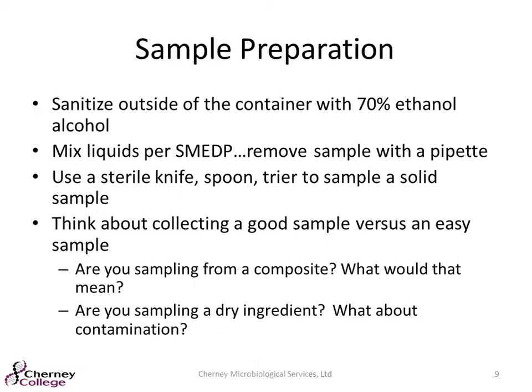Same goes for environmentals, really getting under those nooks and crannies, because you want to take a good sample that is representative of what's happening in that environment. And for the dry ingredients, just make sure that you can really mix those well, so that you aren't just taking off of the top of that bag.